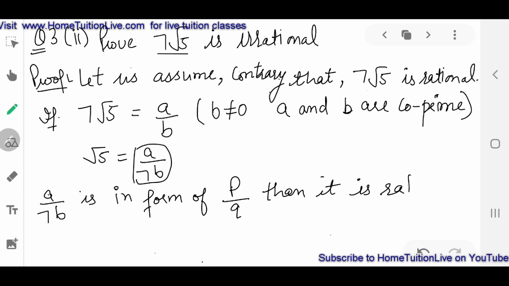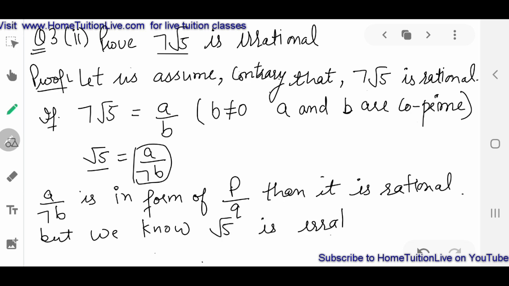It is rational, but we know root 5 is irrational, so a contradiction arises, and this contradiction is arising because of our wrong assumption that 7 root 5 is rational.